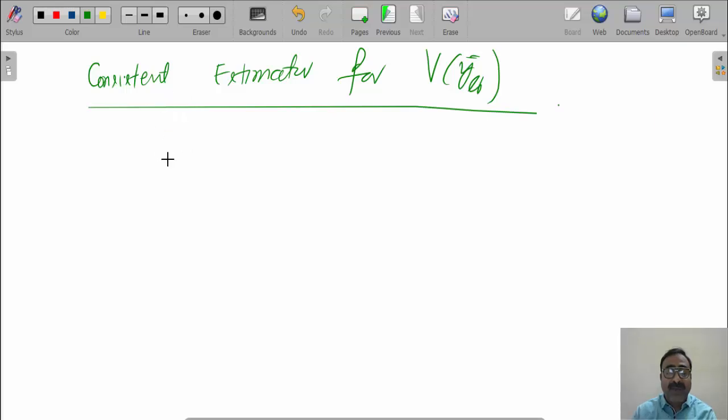We have seen that the variance of YLR bar is equal to (1 by small n minus 1 by capital N) Sy square into (1 minus rho square), where rho is the population correlation coefficient between y and x.